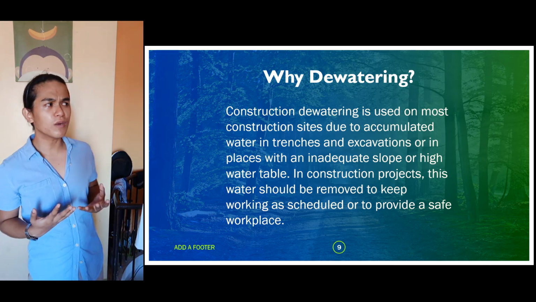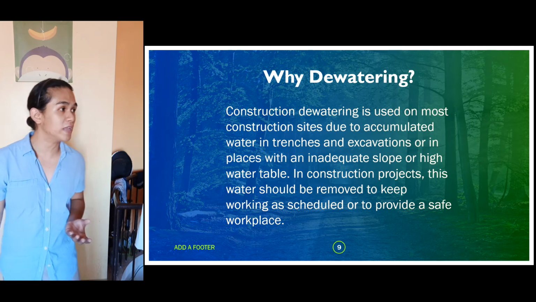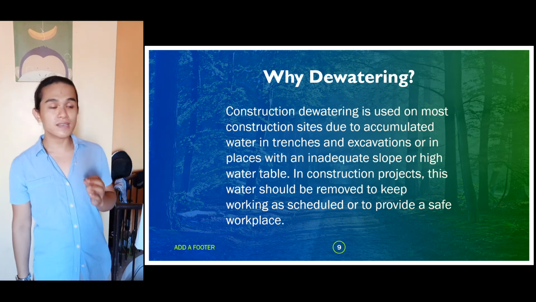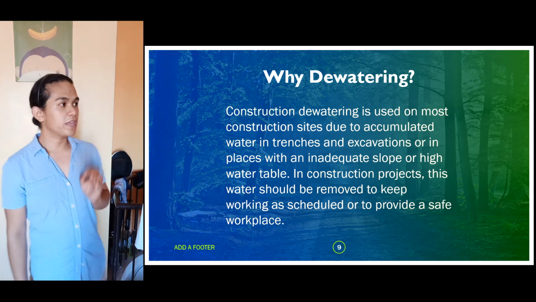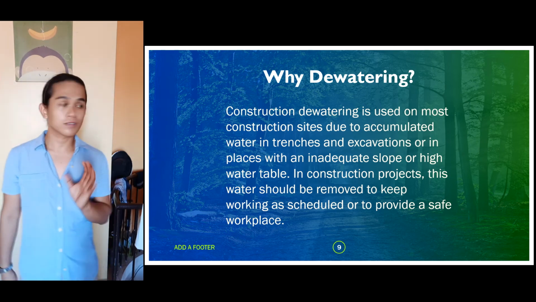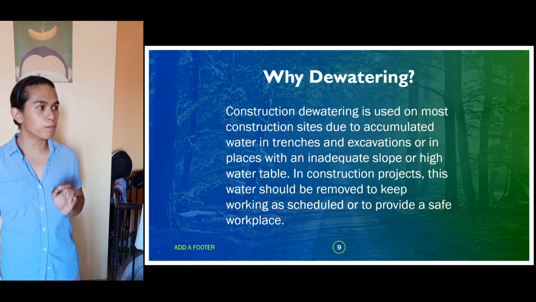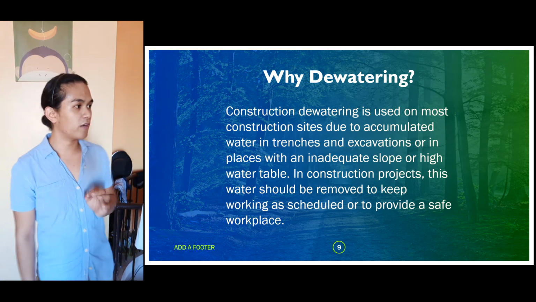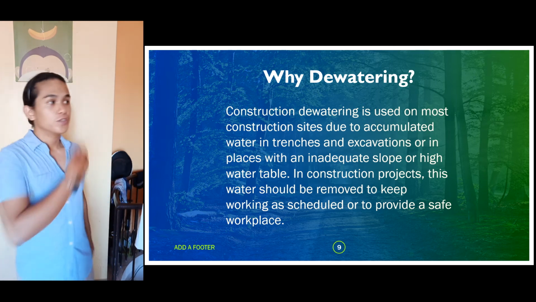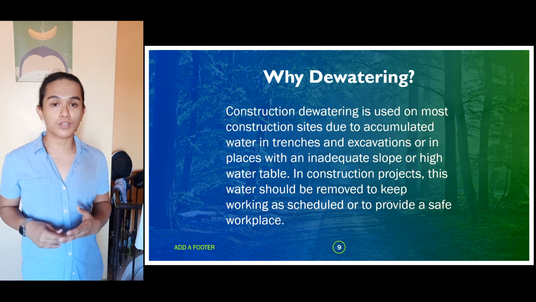So construction dewatering is used on most construction sites due to accumulated water in trenches and excavations, or in places with inadequate slope or high water table. In construction projects, this water should be removed to keep working as scheduled and to provide a safe workplace. So considering our places, there are places with a high water table.